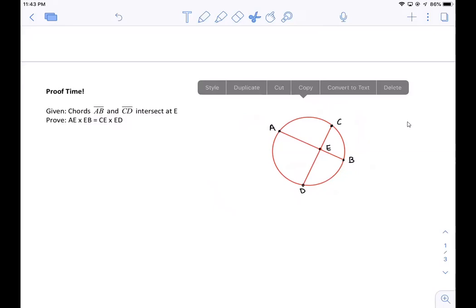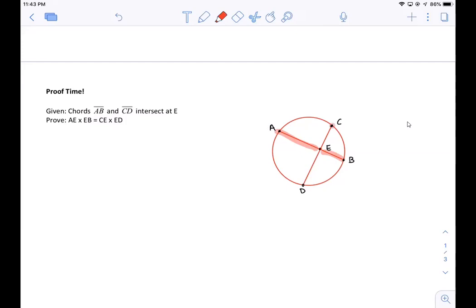We've got chords AB and CD intersecting at E, and we want to prove again that AE times EB equals CE times ED. I'm sure you guys can do this because you actually did this for your test. This was essentially the first question on your test.